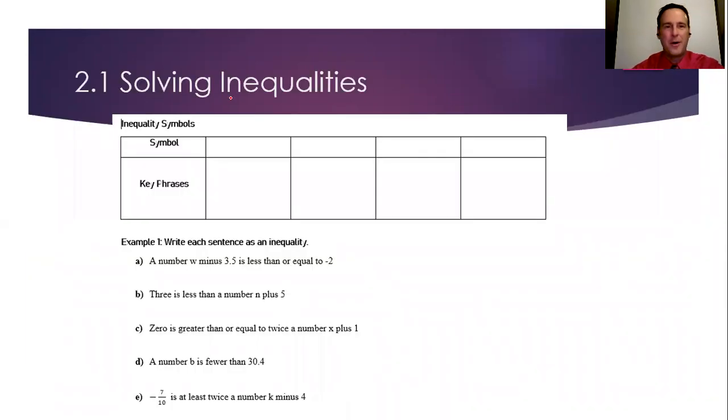So, solving inequalities means that I have four symbols that I have to remind you of, and I will write them in this little table. This is what we call a less than sign. When I think about less than, there is an L there, and this almost looks like an L. It's just kind of crooked. This is a greater than sign.